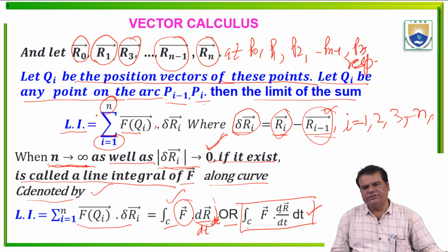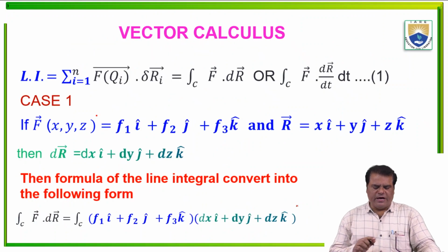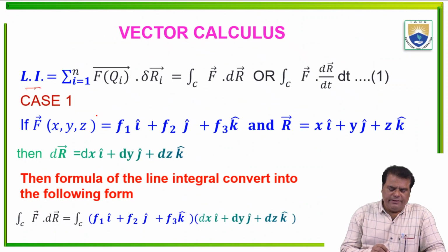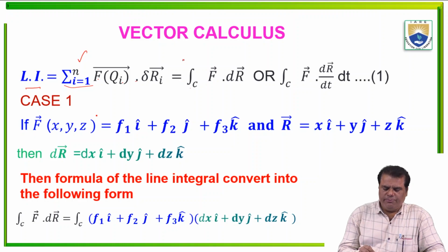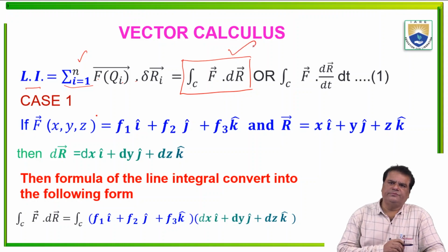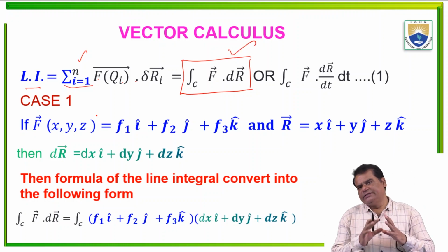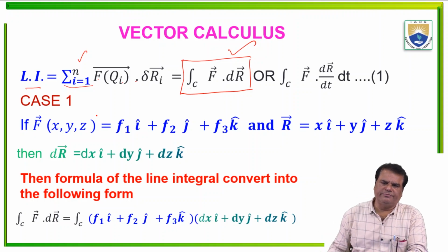Then r vector is some function of t, and we integrate with respect to t. So here we basically use the line integral formula: summation i equals 1 to n of vector function Qi dot delta ri vector. This is the basic formula. The vector function is given and the position vectors of two points are given.